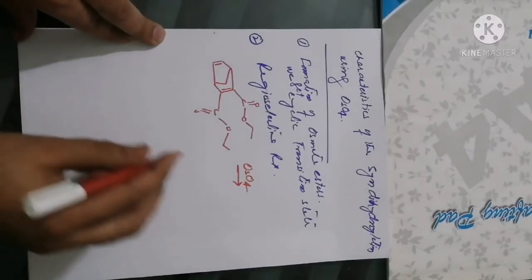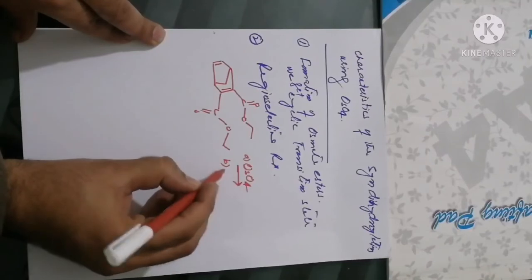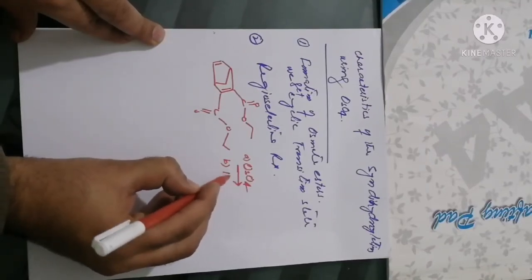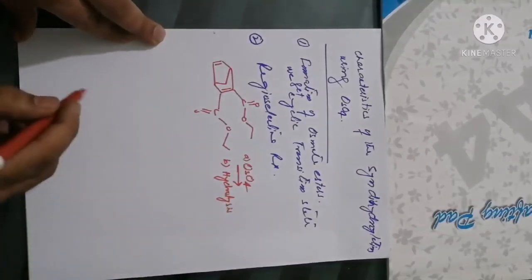When we react it first with osmium tetroxide in the first stage, and in the second stage we do the hydrolysis, what will be the product?